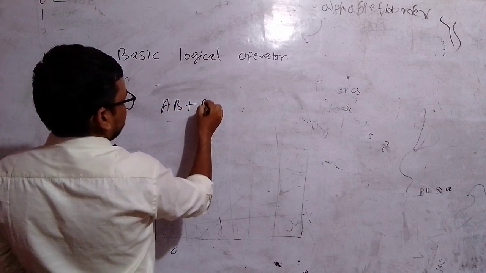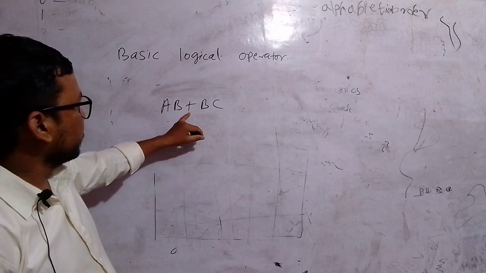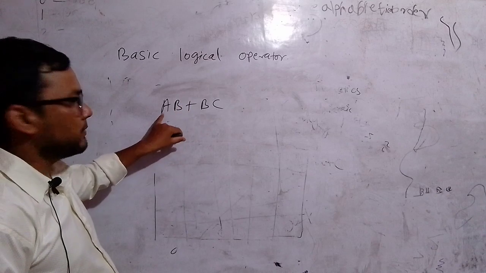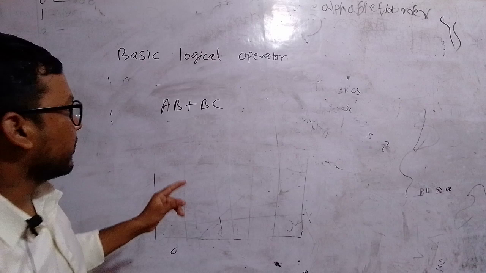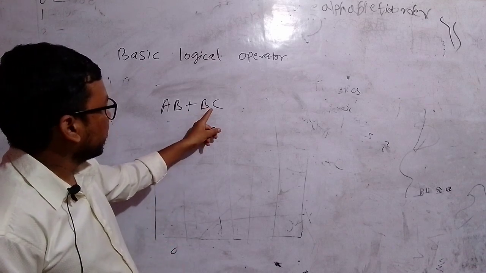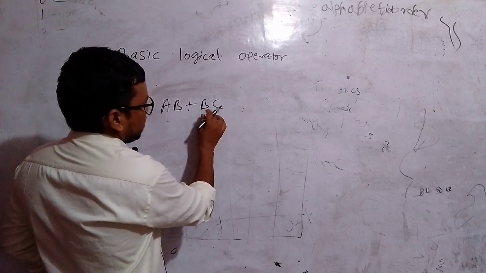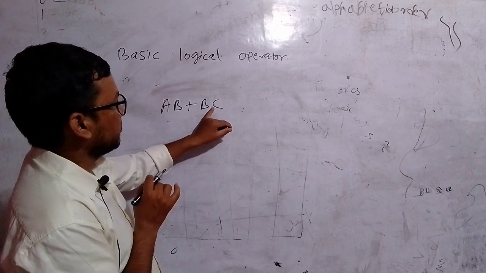AB plus BC, we can say this is Boolean algebra, where the possible values of A, B and C could be 0 and 1 only, and this plus means OR operation. Here nothing is present between B and C, that means we need to understand it contains the dot operator.